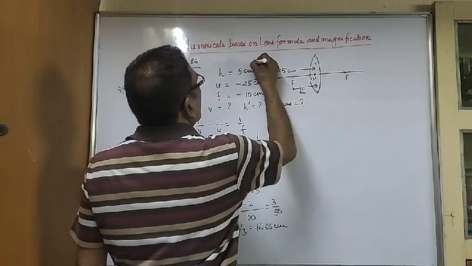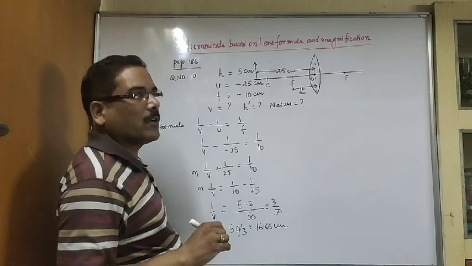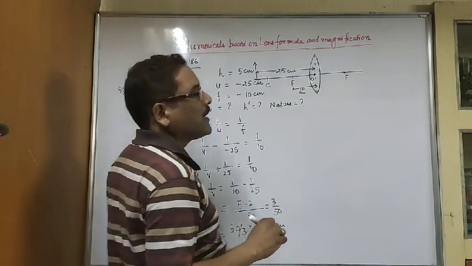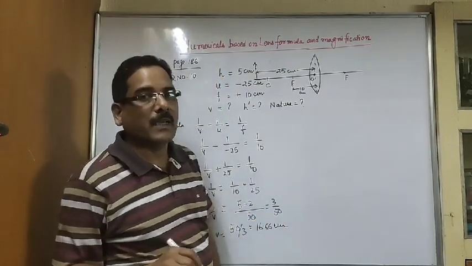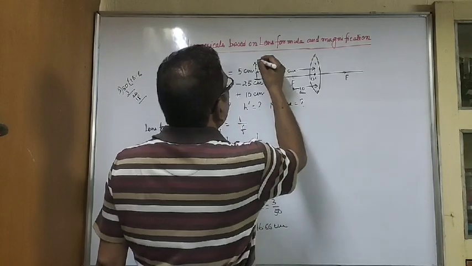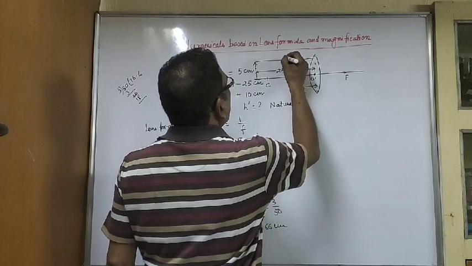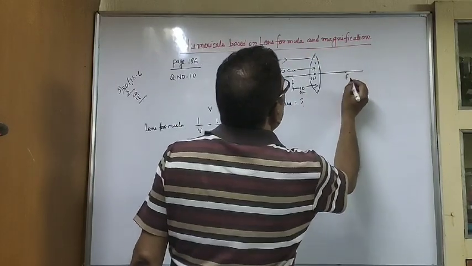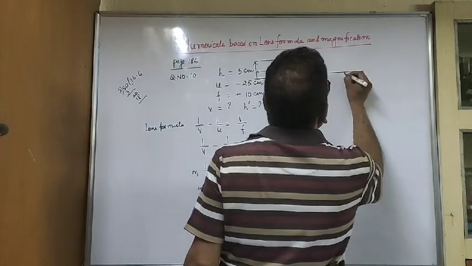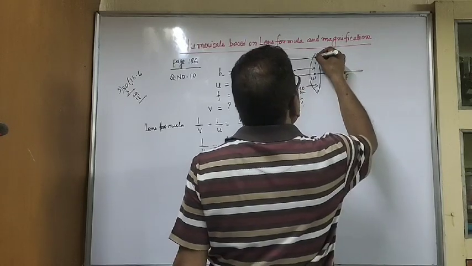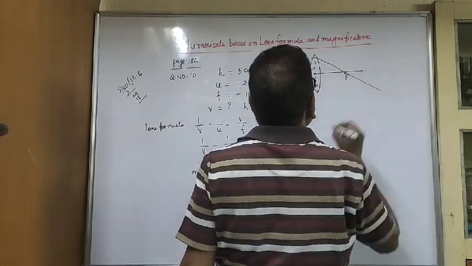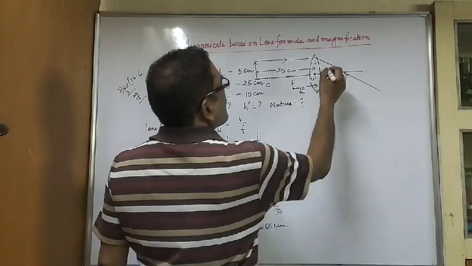And now you have to draw a ray diagram. So recall the ray diagram. In case of convex lens, when object is beyond C, we are taking a ray of light parallel to the principal axis. This ray will pass through focus, isn't it?